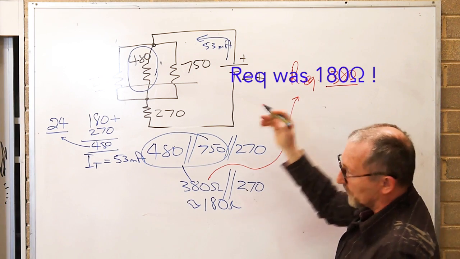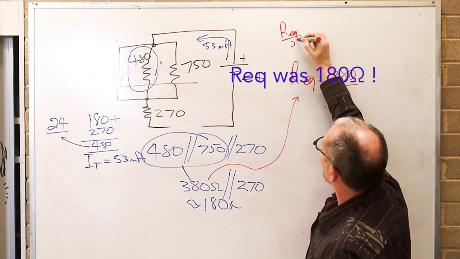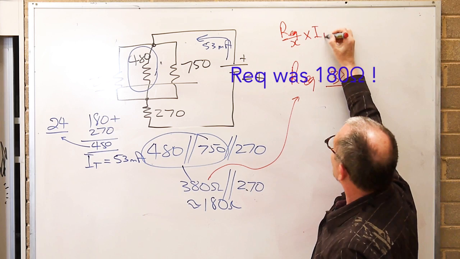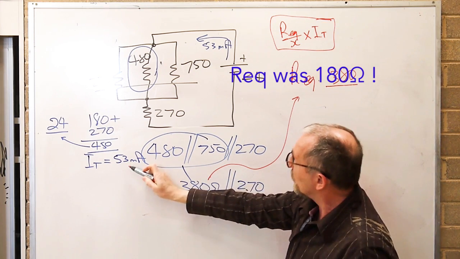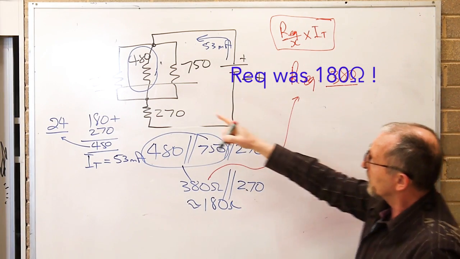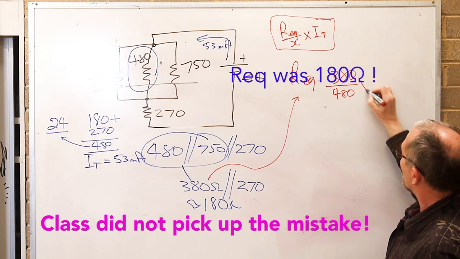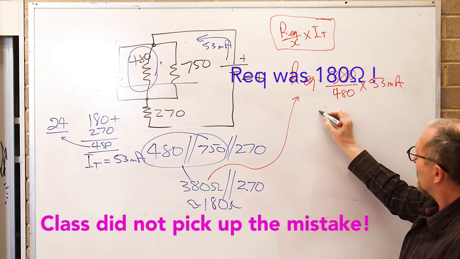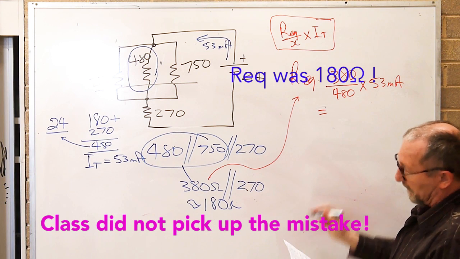And then it's always the REQ divided by the resistor you want to find the current through, times the current going into the network. Current going into the network is 53 milliamps. 380 divided by the 480 ohm resistor, times 53 milliamps, and that gave me 19.8 milliamps.